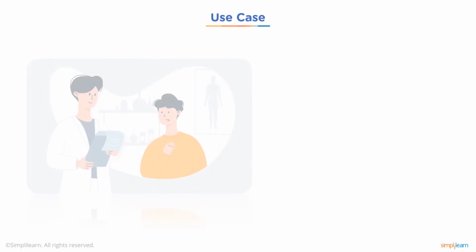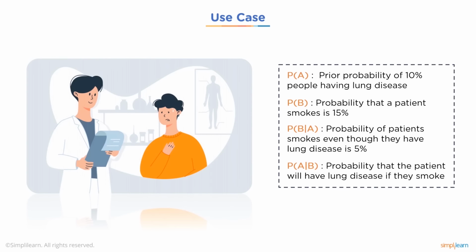And so we can look at the probability of A, the prior probability of 10% of people having lung disease. And then probability of B, the probability that a patient smokes, is 15%. And the probability of B given A, the probability that a patient smokes even though they have lung disease, is 5%.